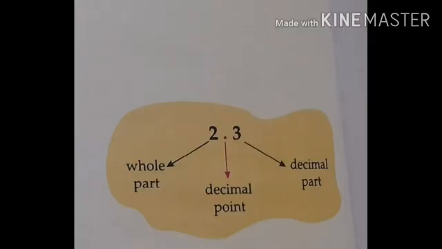Let us see another example, 2.3. Here the whole part is 2 and the decimal part is 3.